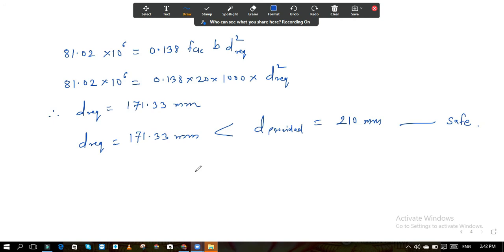Now once you came to know that this is safe, after the check for depth, what do we do in dog-legged staircase? Steel calculation. We will design the reinforcement. So next is the steel reinforcement.